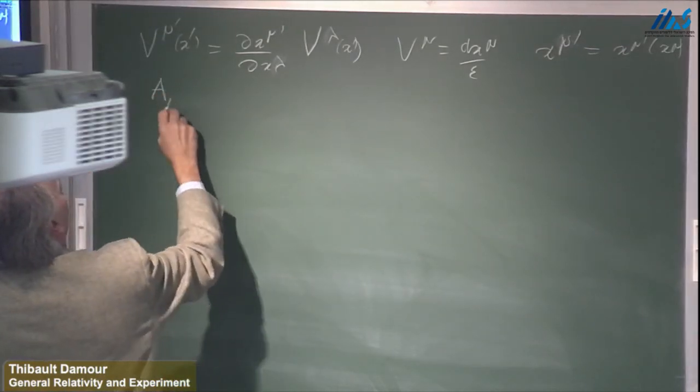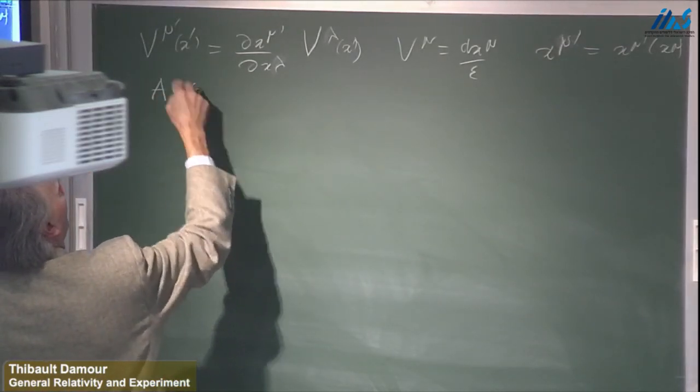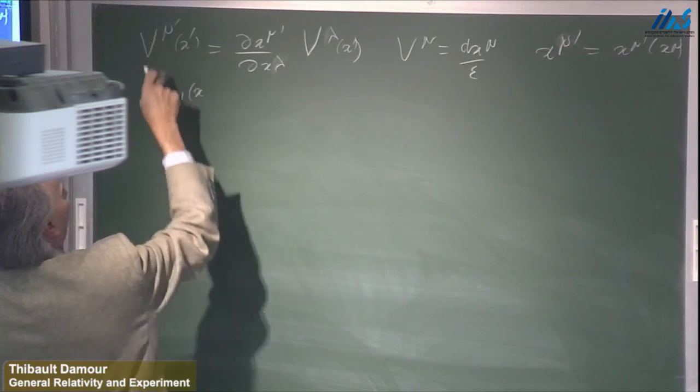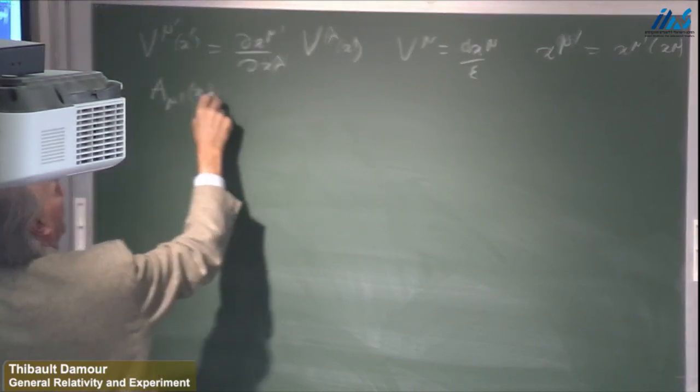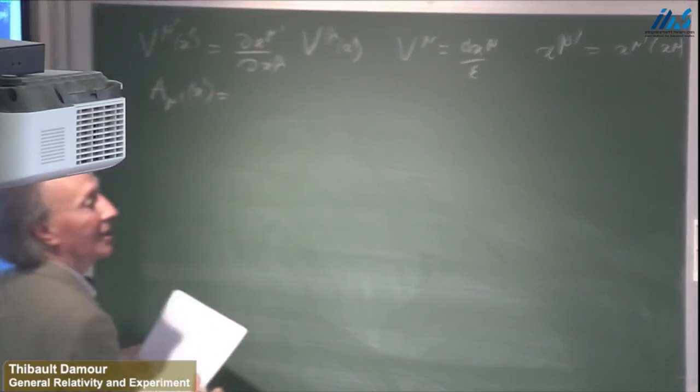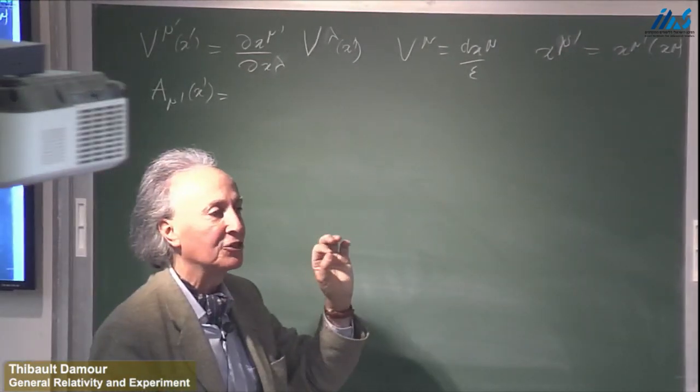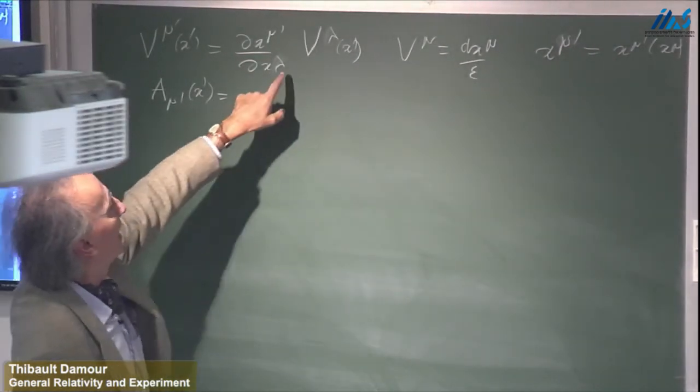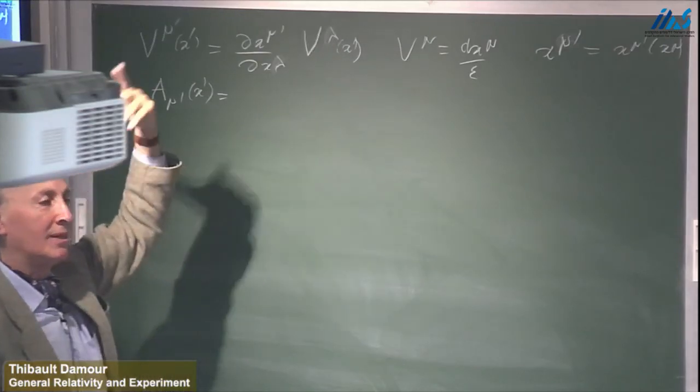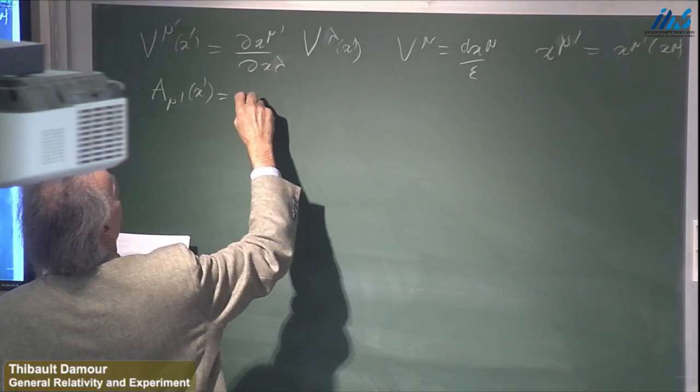Now, a covector, which is dual to this, is such that the contracted product of these two things is an invariant. By the way, I always use Einstein summation convention: when I have a repeated index, in general up and down, it means a summation over all the values of this index.